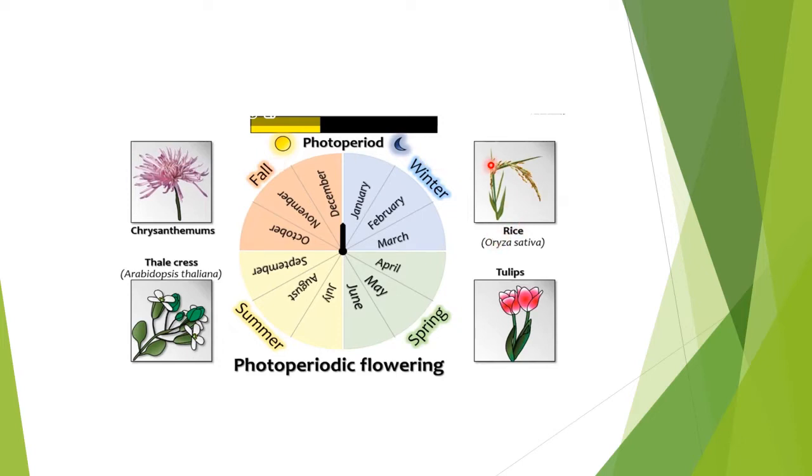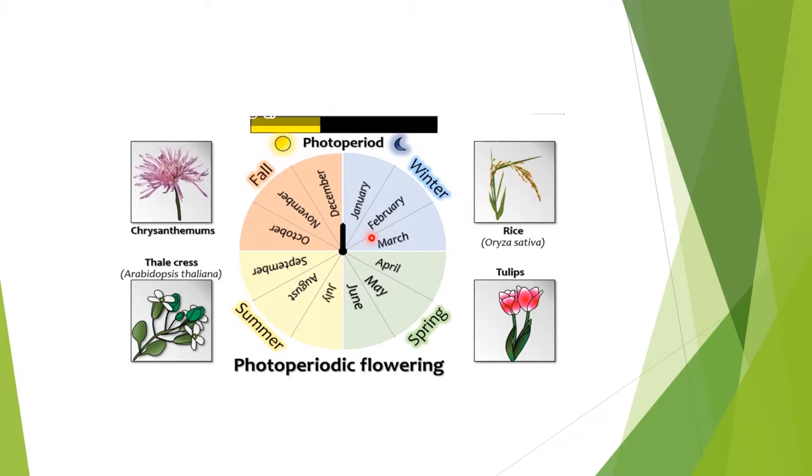Rice flowers at a particular season of the photoperiod, tulips in spring, and Arabidopsis thaliana, a long day plant, flowers in the summer. Chrysanthemum is a short day plant and flowers in the autumn season.